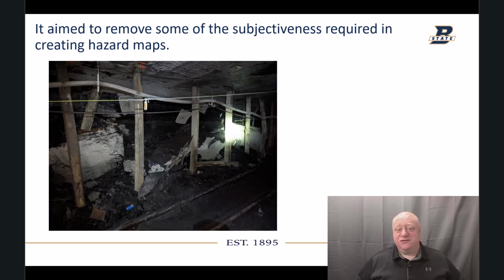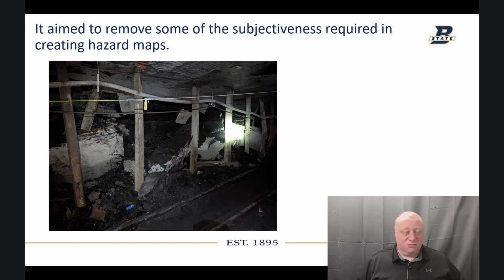It aimed to remove some of the subjectiveness that's required in creating hazard maps, right? This is one of the examples of something that you would put onto a hazard map. For example, if you're retreat mining a panel, then you need to objectively go and look and make a map of what that panel is like, so that the workers who are employed there know what they're getting into, right?